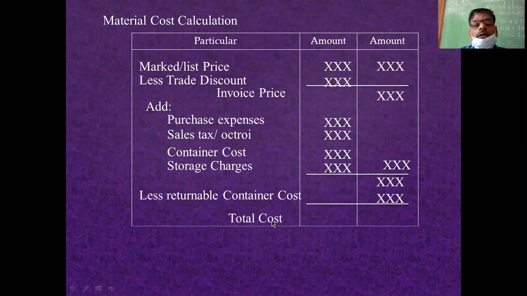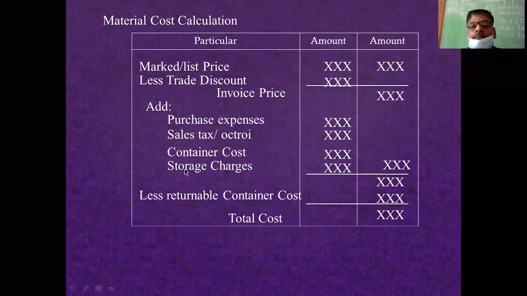Then the balance is called as total cost. Okay, this is called as total cost. In this way, calculate the total cost. First, you take the marked price, deduct trade discount, invoice price comes. In the invoice price, you add purchase expenses and taxes you paid. Secondly, you add storage charges. Okay, then deduct if there is any credit given by the supplier regarding containers.